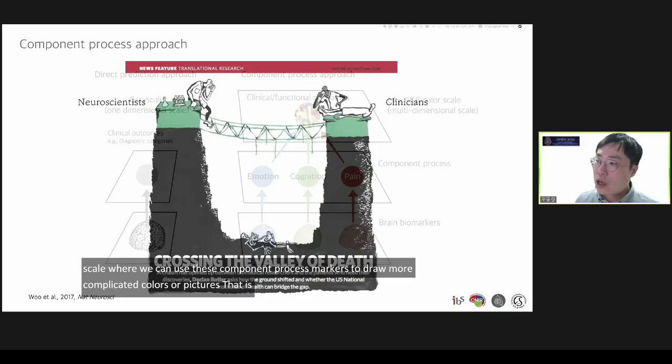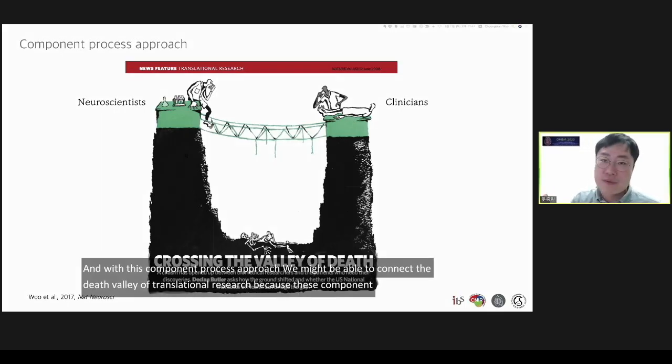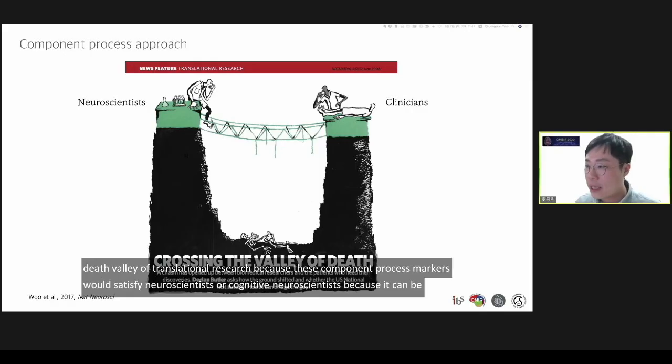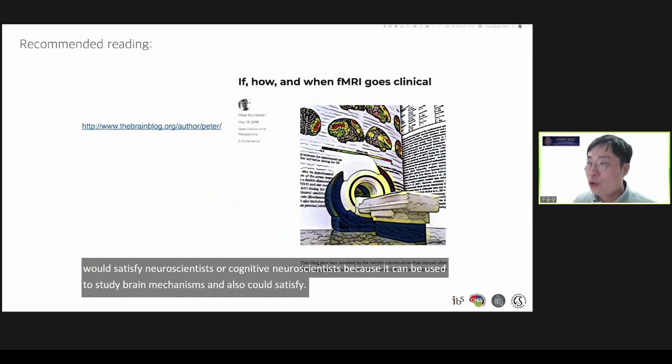With this component process approach, we might be able to bridge the Death Valley of translational research, because these component process markers would satisfy neuroscientists or cognitive neuroscientists, since they can be used to study brain mechanisms, and could also satisfy clinicians, since they can serve as ingredients to explain more complicated clinical features. So that's all for my take.